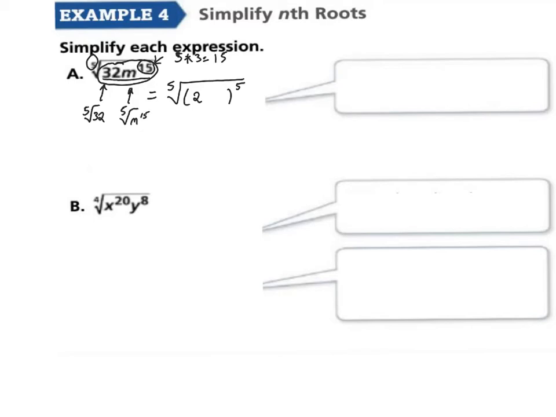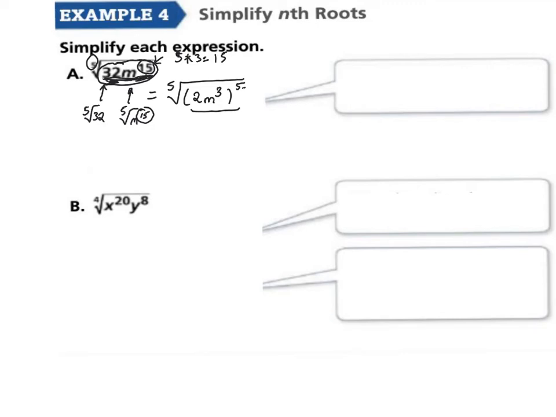When we take the fifth root of something to the 15th power, we need to rewrite it as how many times 5 goes into that 15. Well, 3 times, so we're going to rewrite this as m to the third. All we did was rewrite this as this right here. Because if we distribute this fifth power back to the 2, it'll change back to 32, and if you distribute the fifth power back to m cubed, it'll change back to m to the 15.